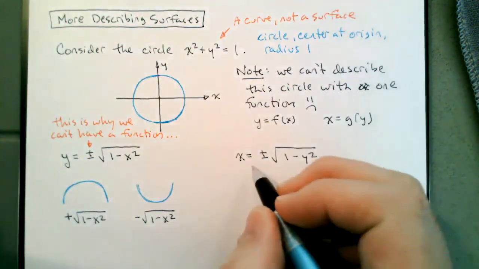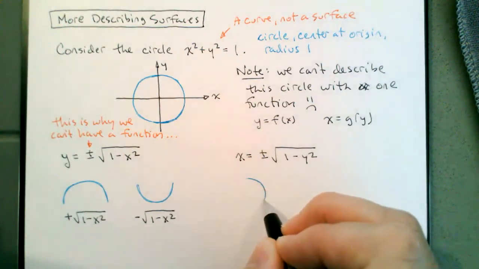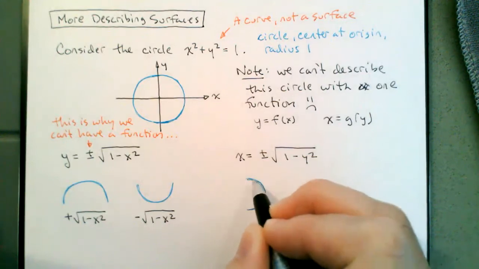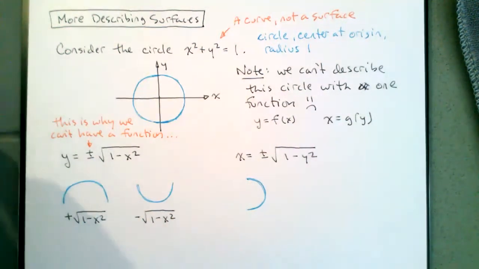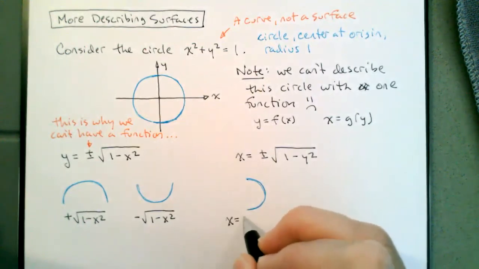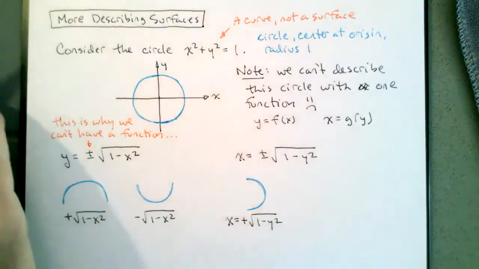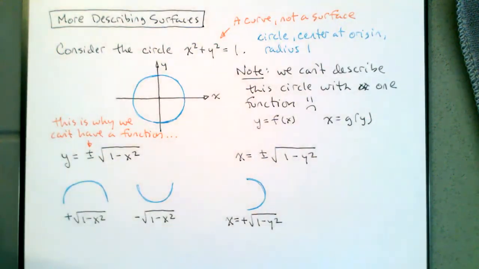So x equals plus the square root will give us the right half of the circle where x's are positive. And the other part of the circle will be the place where the square root is negative.